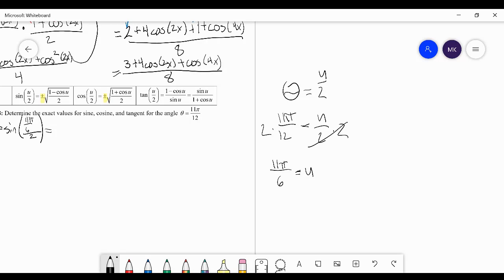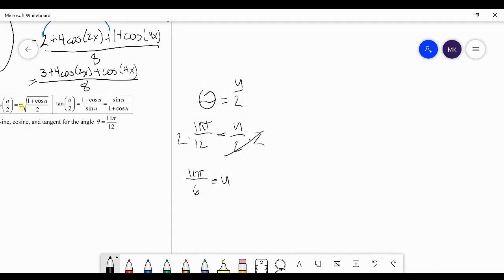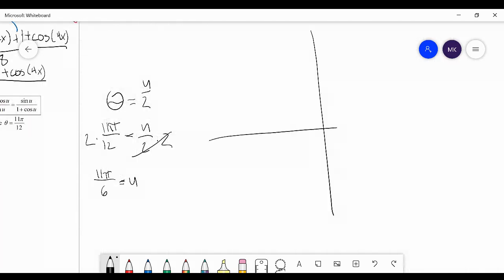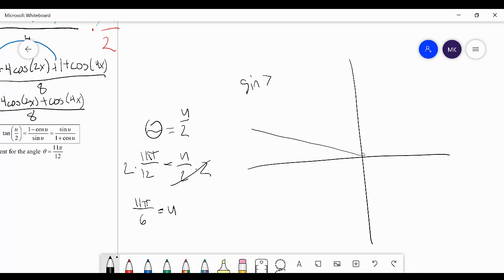That depends on where our angles are. 11 pi over 12 is not quite all the way to pi, so it's somewhere in here, which means sine is positive, cosine is negative, and tangent is negative.